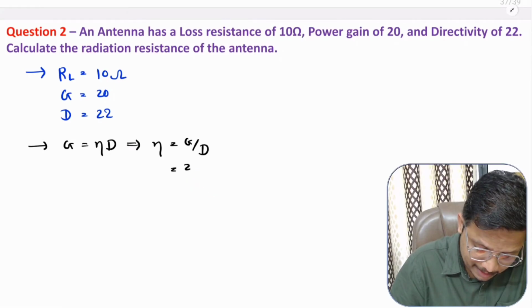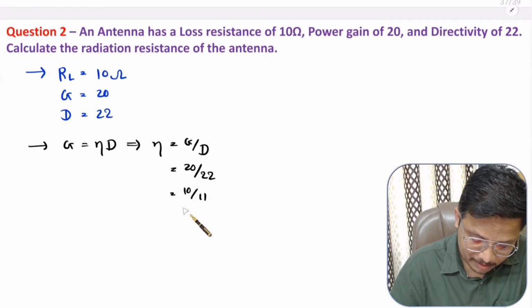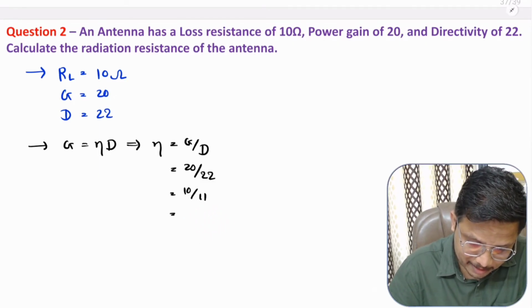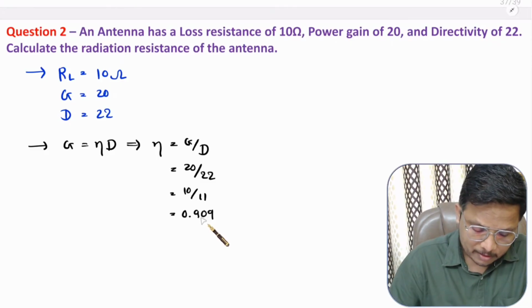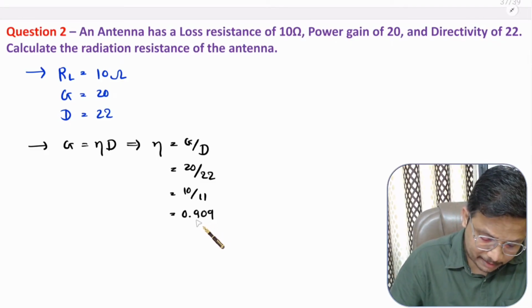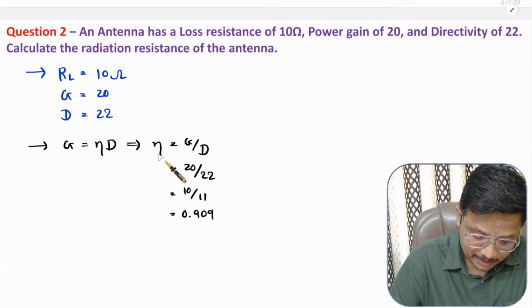Gain is 20 and directivity is 22, so that is 10 divided by 11, and in terms of value it is 0.909, right?